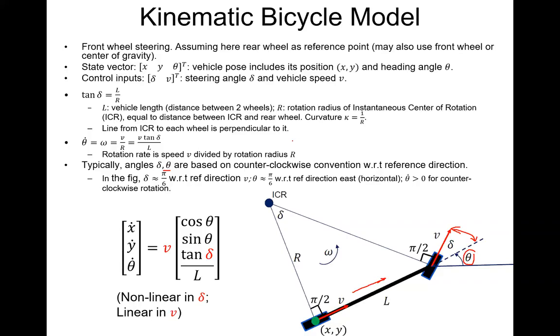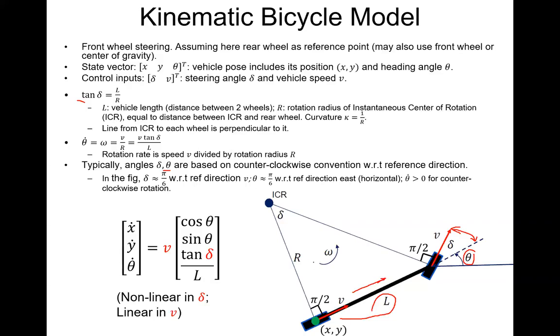So there's a relationship between delta and vehicle length, the distance between the front and rear wheels, and the instantaneous center of rotation, the radius for the instantaneous center of rotation.